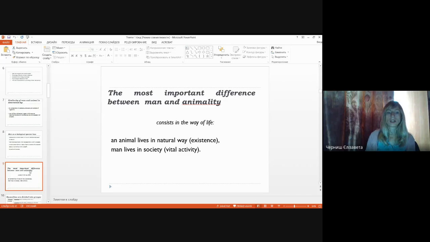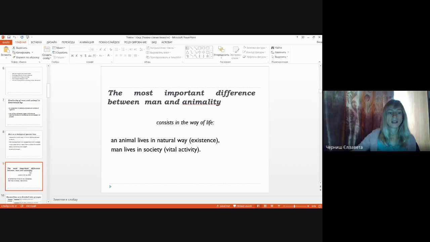Animals live in a natural way of existence, while man lives in society with vital activity. I think these factors influence very much our level of safety and the formation of different types of dangers, of course.